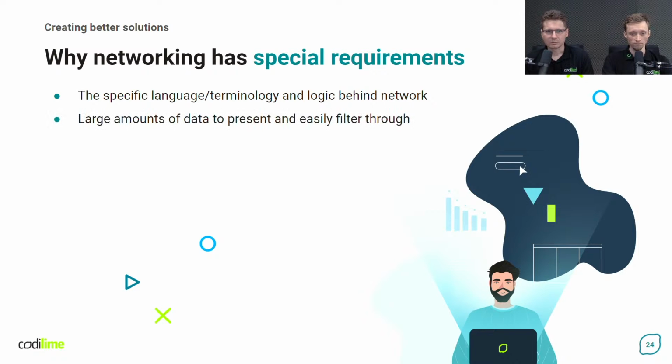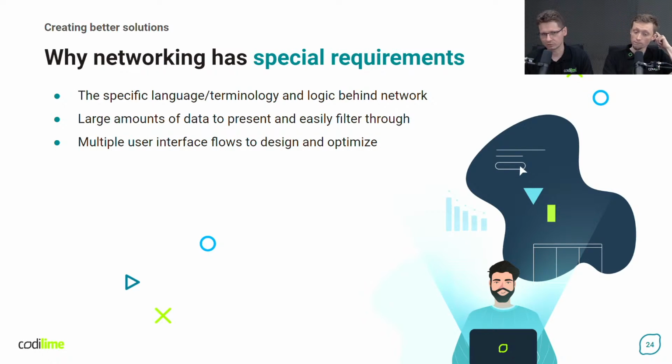So working with broad and diverse data sets is a common occurrence, which makes it imperative to make it swift and user-friendly. There are plentiful user interface flows that need to be considered, and often the configuration flows actually mix with each other. For example, a single object may be reused in settings of multiple features.